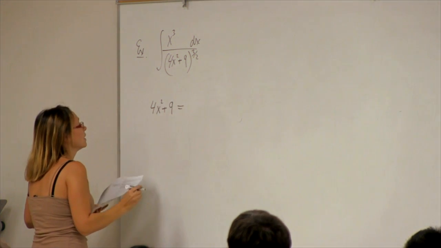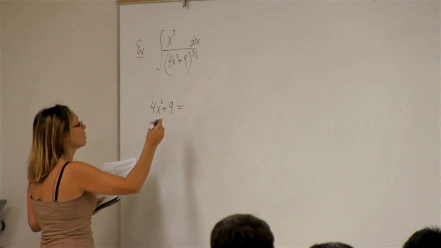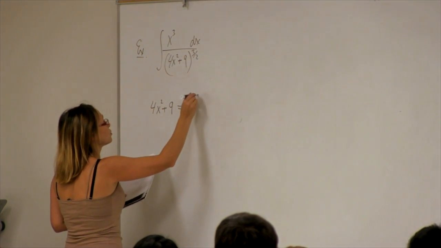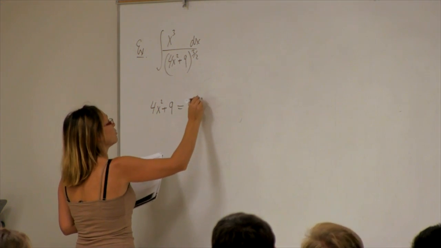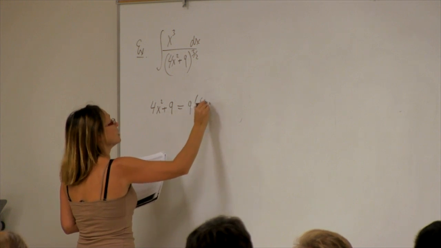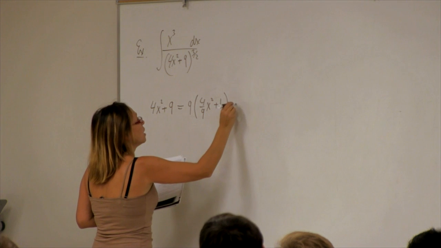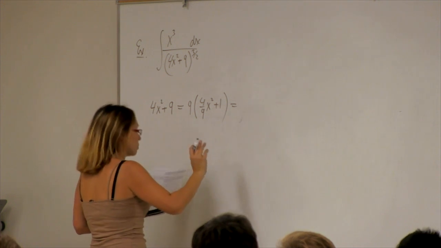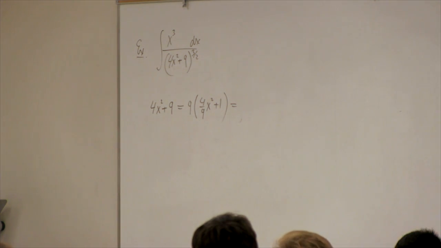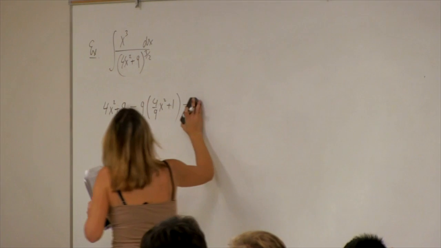I want to take 9 out of brackets. So I have 4/9 x squared plus 1. Oh no, I think I want to take 4 out. Sorry.